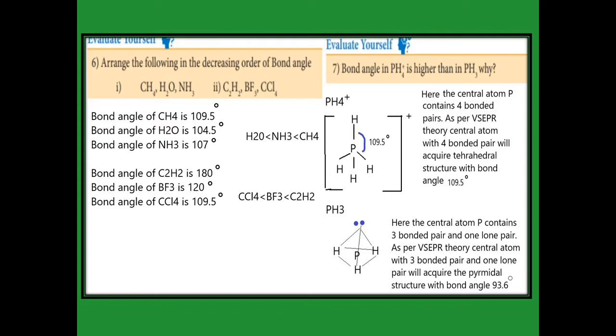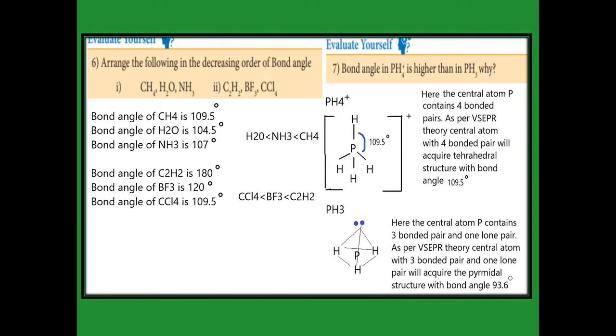Now, in bond angle, PH4+ means phosphonium ion. It has a higher bond angle than PH3, that is phosphine. In PH4+, see the structure around the phosphorus. We have 4 bonded pairs. The bond angle between the bonded pairs is 109.5 degrees. According to VSEPR theory, it has a tetrahedral structure.